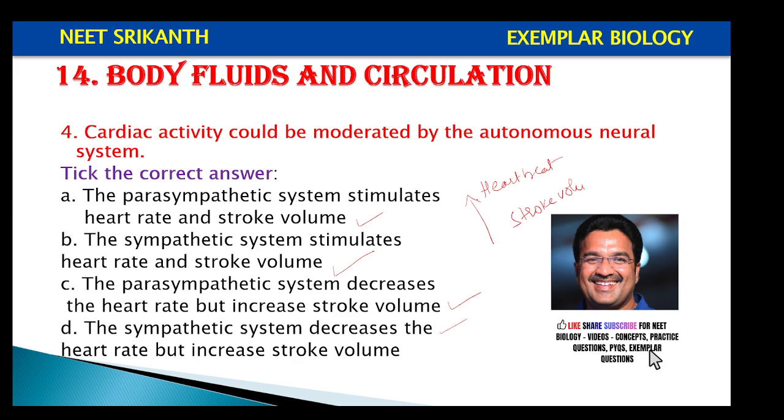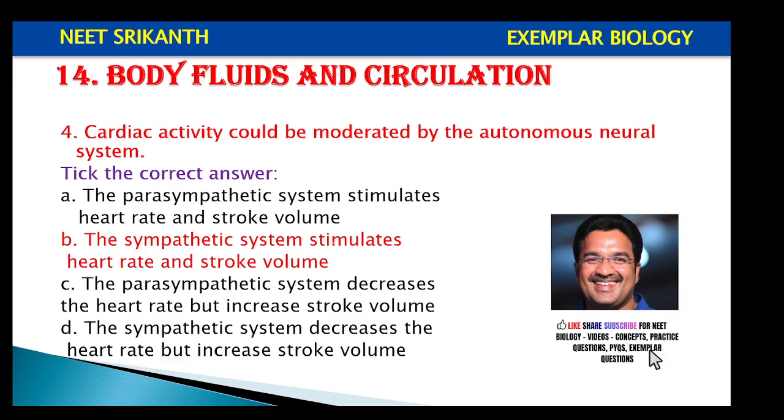Sympathetic nervous system increases the heartbeat and stroke volume. Parasympathetic nervous system decreases the heartbeat and stroke volume. So among these, with this information, we have to choose the answer. In the given, sympathetic system stimulates heart rate and stroke volume, and they increase the heart rate and stroke volume.